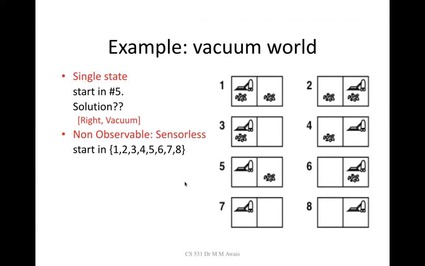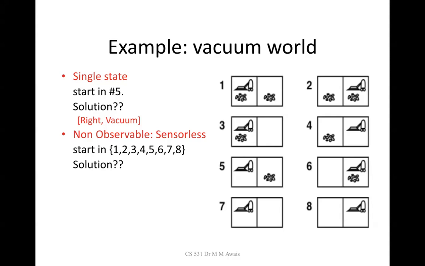So the start point could be any of these 8 states, but the safest of all, where you'll be completely cleaning both the rooms, would be state 1 and state 2. The solution would be that you can start with state 1 or state 2 and then perform the actions accordingly.